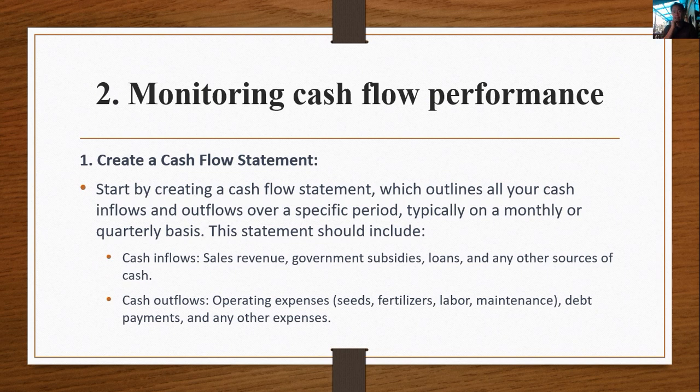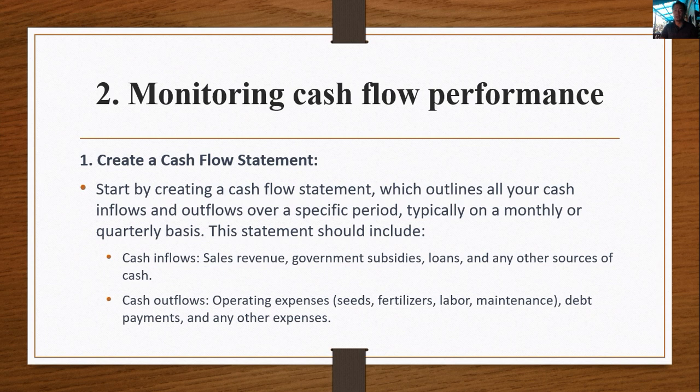So, class, start by creating a cash flow statement which outlines all of your cash inflows and outflows over a specific period of time, typically on a monthly or quarterly basis. These statements should include your cash inflow, which are the sales, revenue, government subsidies, loans, and any other sources of cash.